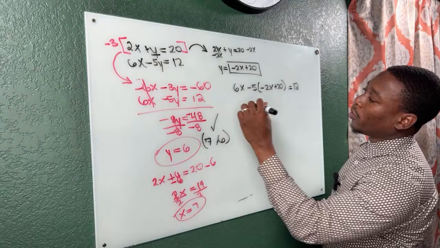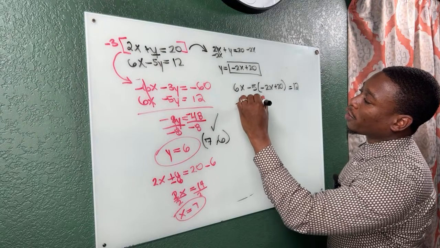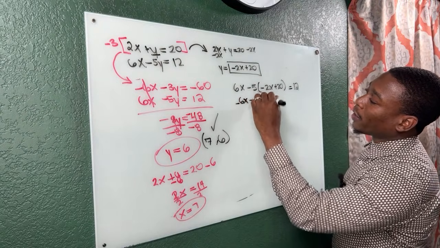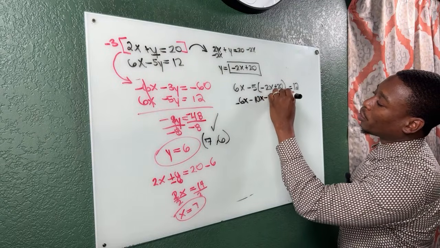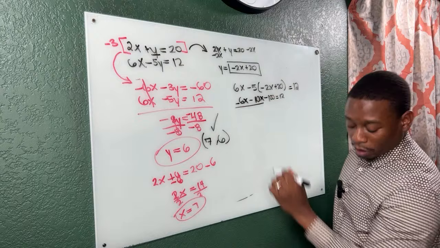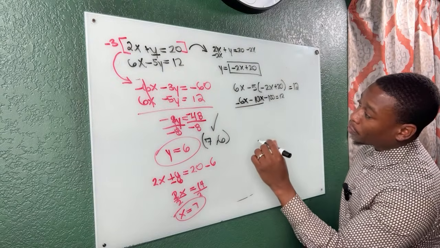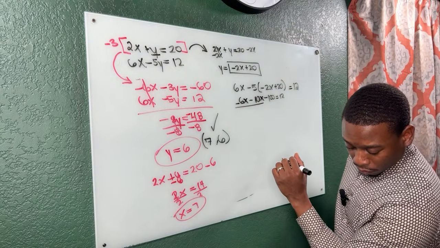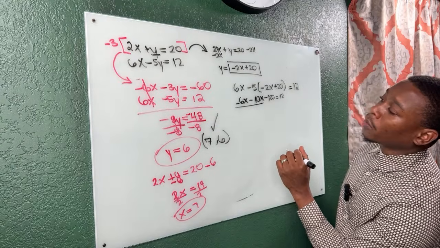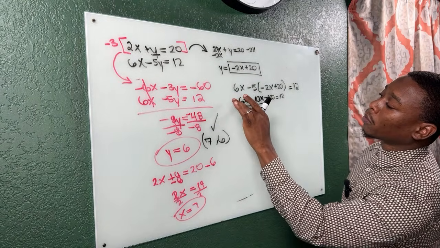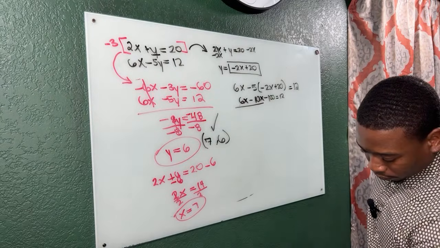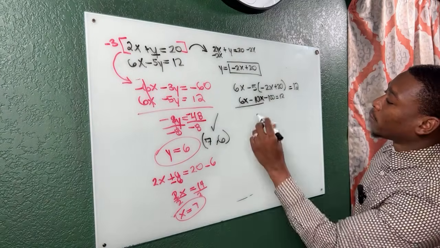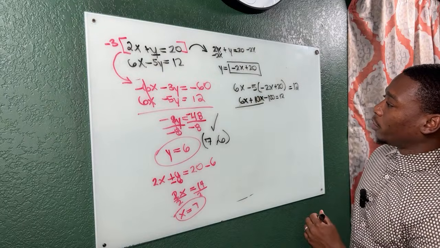All right. So now we have -6x minus 10x minus 100 is equal to 12. We're going to clean that up real quick. Make sure I didn't make a mistake. There we go. Double check the work.